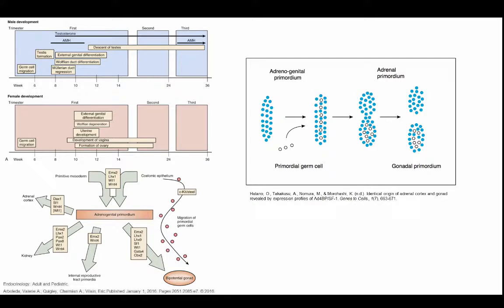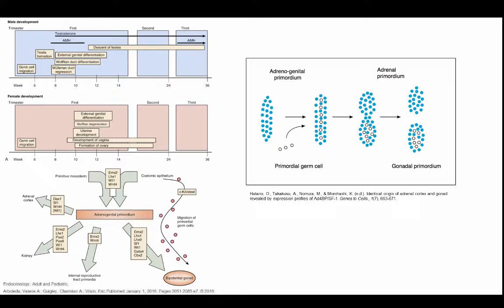But in the mid-90s, they came up with good evidence studying SF1 transcription factor that prior to the gonadal ridge, these were actually arising from a common embryologic origin as the adrenal gland called the adrenogenital primordium. In about the fourth week of gestation, the germ cells migrate into that from the yolk sac and then undergo differential development, leading to two distinct structures.